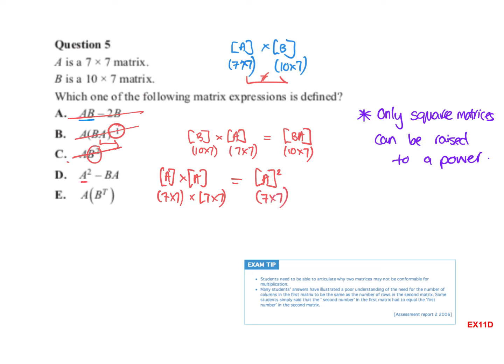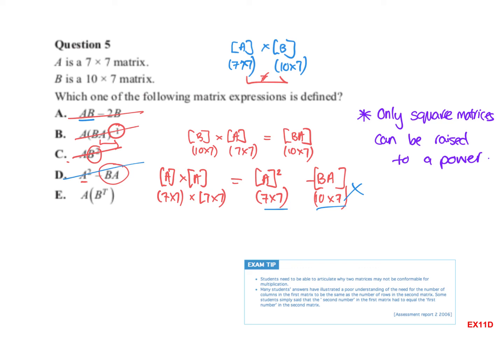Okay, and we already looked up here, minus BA. What did we know about matrices when we try to add and subtract? They need to be the same what? They need to be the same order. So we can't do that, can we? Because that's a 10 by 7. We've already worked that out. That you cannot do, because they're not the same order, so we get rid of that.